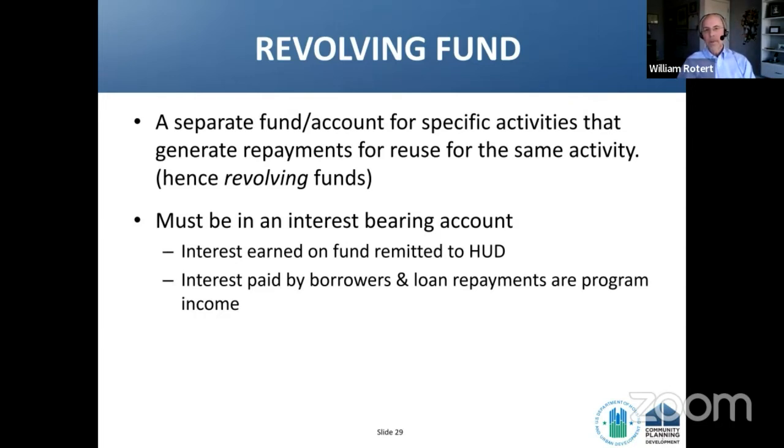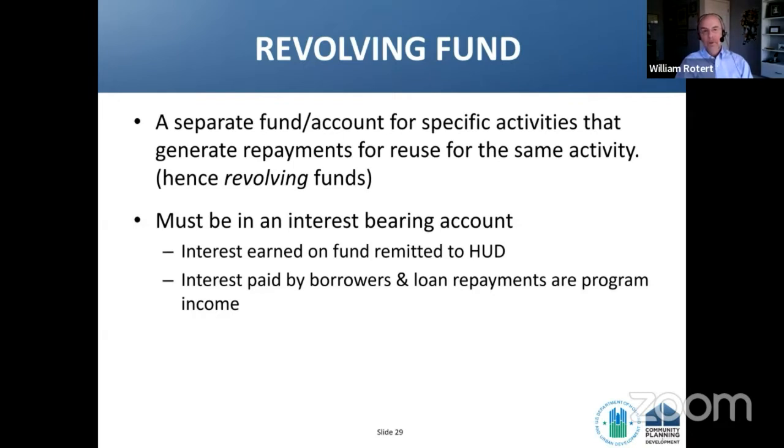It's a separate fund or account for a specific activity, as I mentioned, maybe a small business loan program. And it generates repayment because these are loans for that same activity, and that's important. Those funds must be used for the same activity and cannot be siphoned off for some other purpose. Hence the term revolving fund.